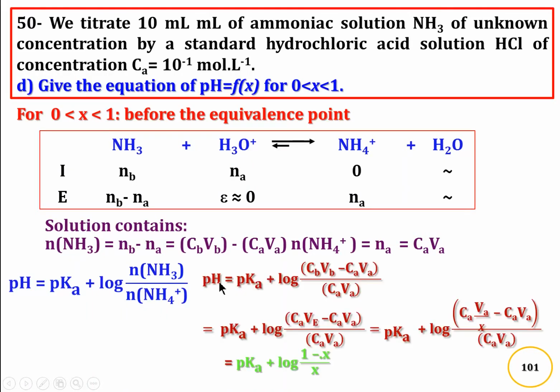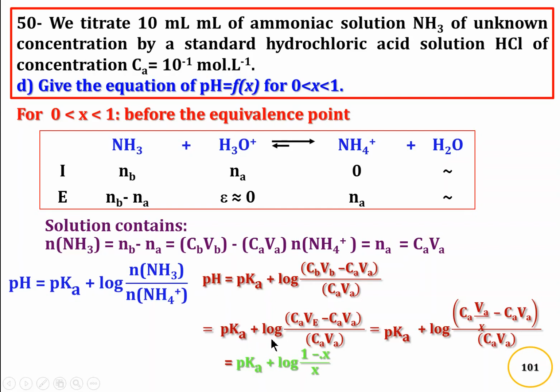pH equals pKa plus log CbVb minus CaVa divided by CaVa. And we know that CbVb is related to V acid at equivalence. CbVb equals CaVe.